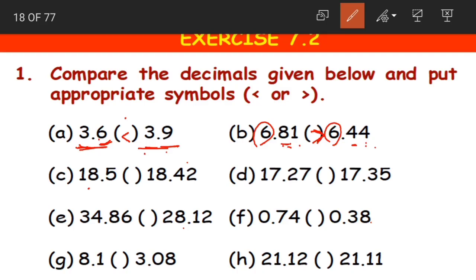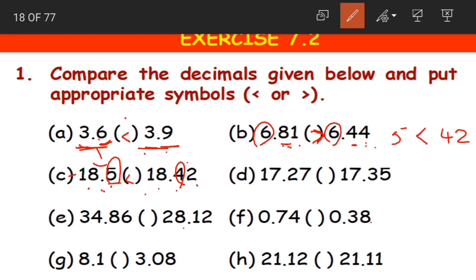Next we have 18.5 and 18.42. Here do not get confused. Do not compare 5 and 42. Do not say that 5 is less than 42, so 18.5 is less than 18.42. No, children. Here we have to compare the digit in the 1/10 place.